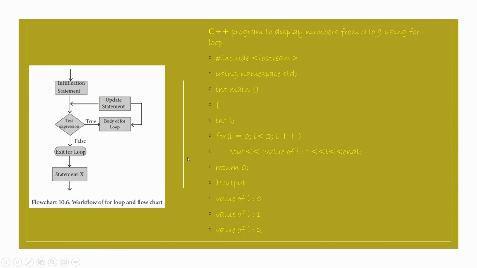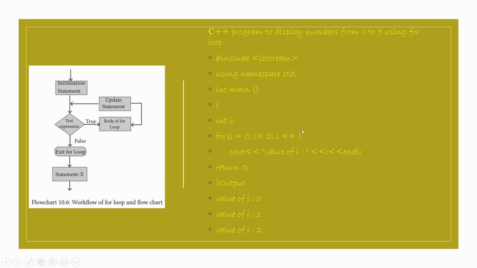It should be followed by a semicolon. Don't forget the semicolon. Then since we want to print the numbers from 0 to 2, we give i less than 2, which is the test expression, followed by a semicolon, and then we give the update statement.